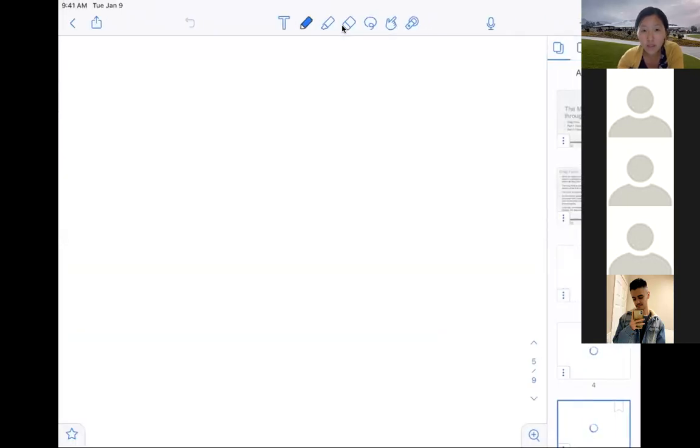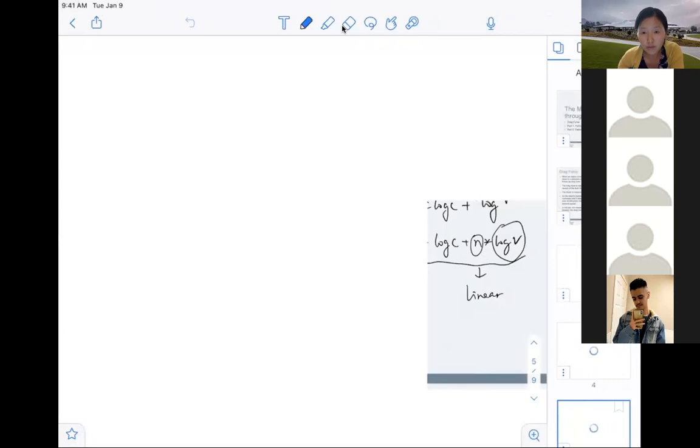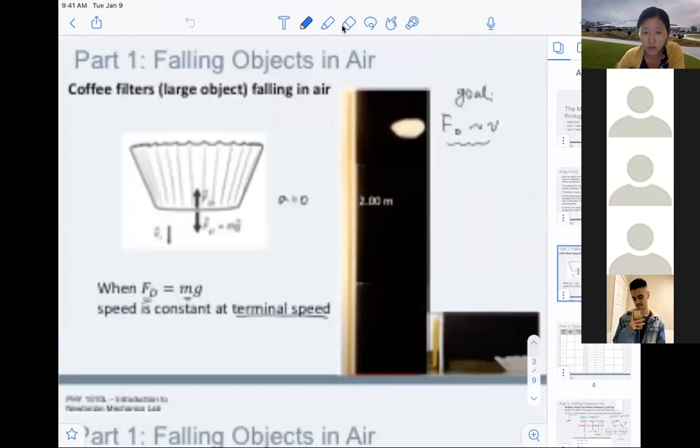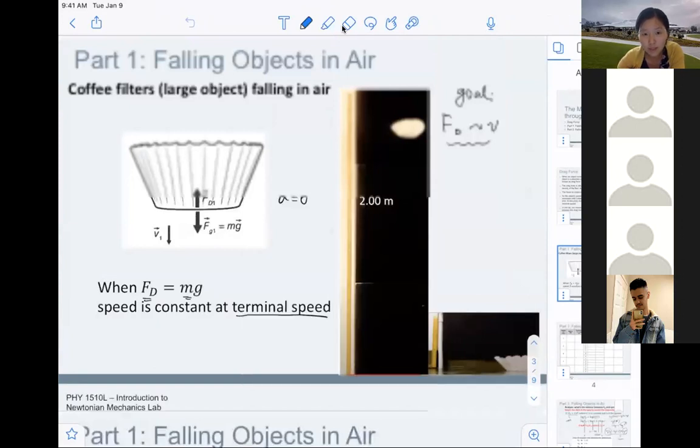So let's think about how we are going to measure the drag force on the coffee filter. Obviously, we don't know what the drag force is. We don't know how much force is acting on the air drag, except that if the coffee filter reaches terminal speed, we know that the drag force at that time is equal to the coffee filter's weight.